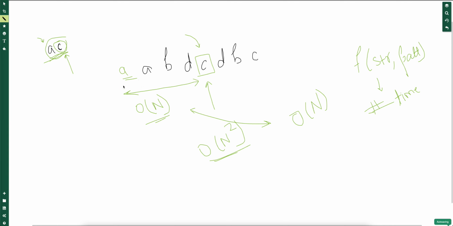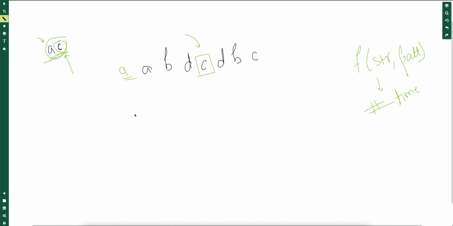The thing is, what we need is how many times A appears in the front of the array, right? So let's do one thing. Let's replace A with 1 and all the other characters with 0.